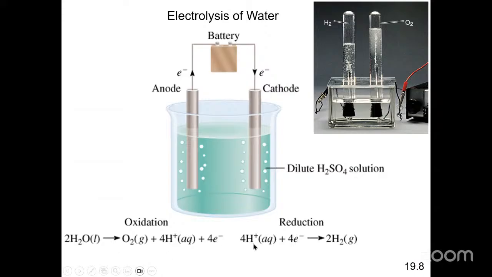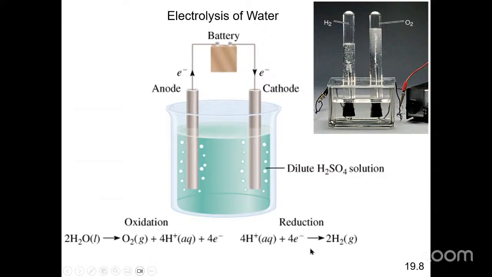In the case of the cathode, reduction will take place. Because this solution is dilute sulfuric acid, you're going to have a relatively high amount of H+ ions present, so that will undergo reduction to form H2. That's the reaction that will take place.